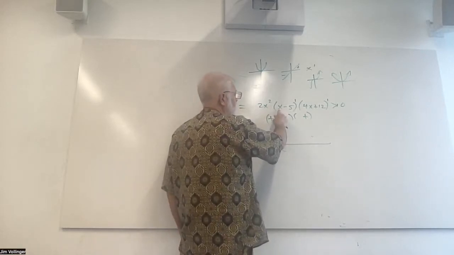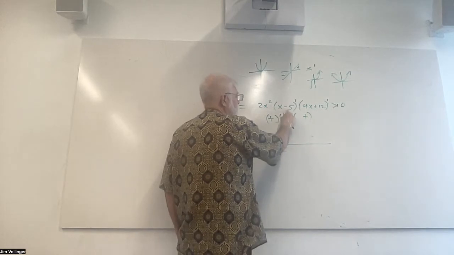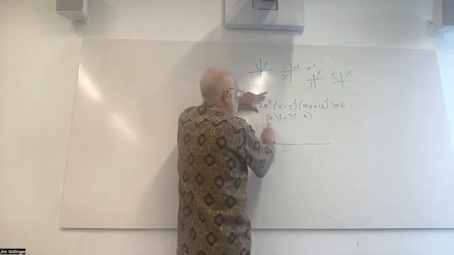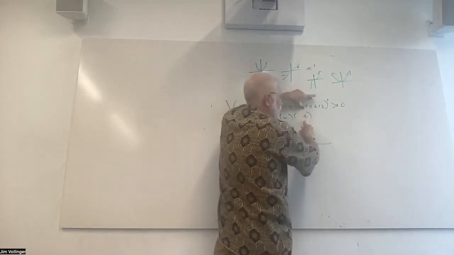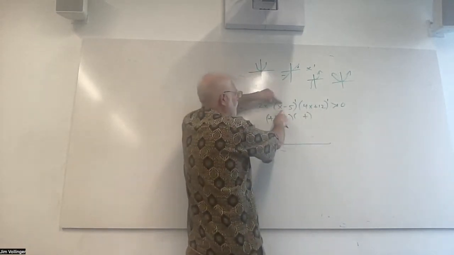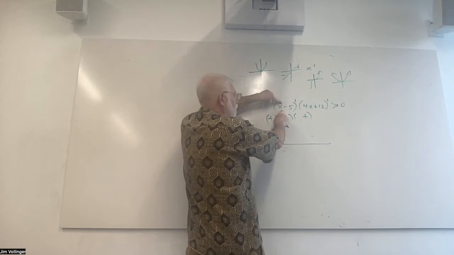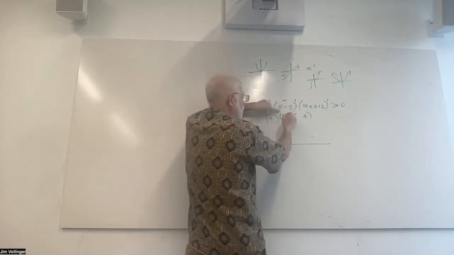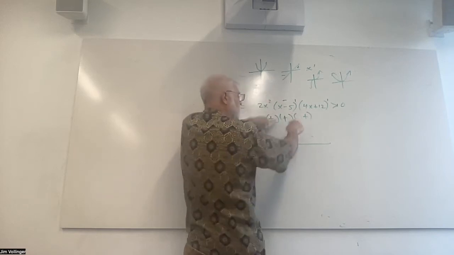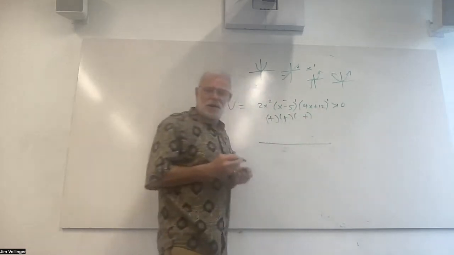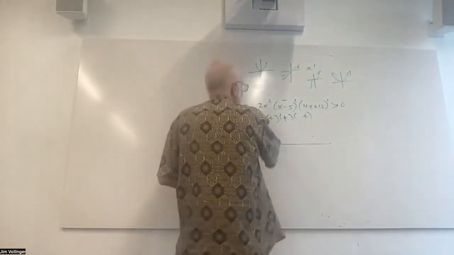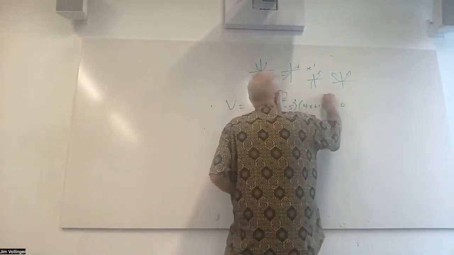Because I could throw a 4 in here and get a -1, or 6 in here, get a +1, where a 4 and a 6 doesn't change this, it's always positive, but it's got a profound effect on this parenthesis. When I put a 4 in, I have a negative parenthesis. When I put a 5 in, or something bigger than 5, I get a positive. That's going to affect that. All right, so how do I designate where there's a sign change and where there isn't? I use dashes and dots.